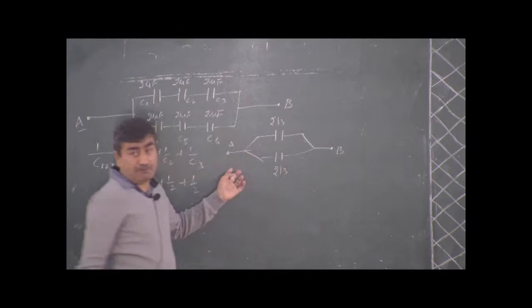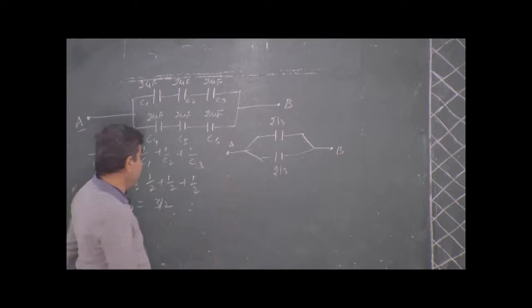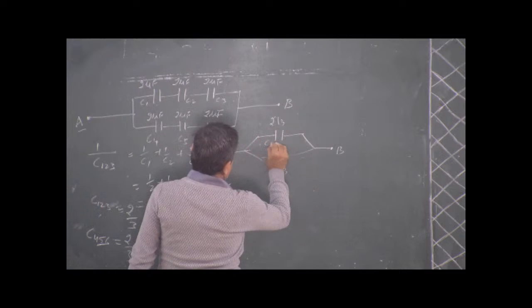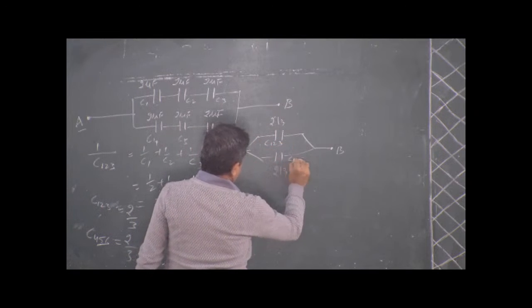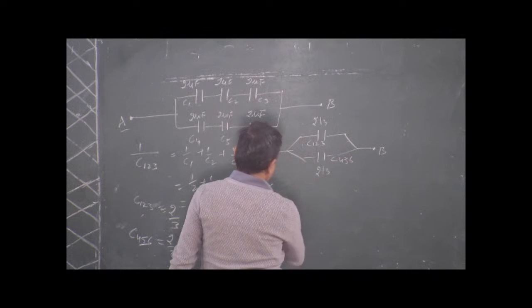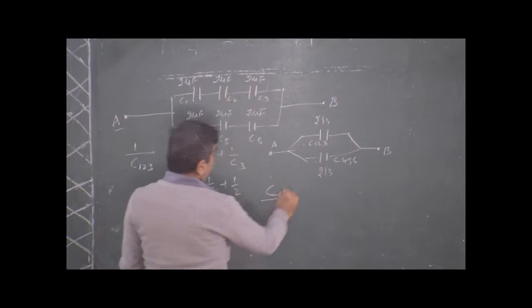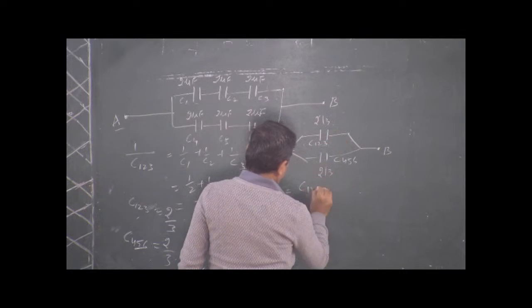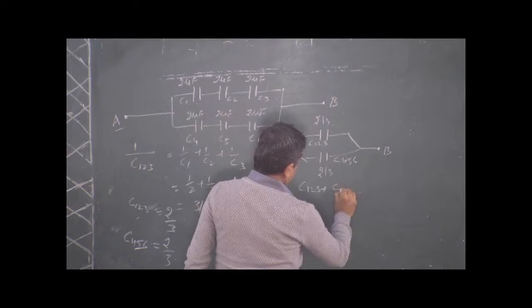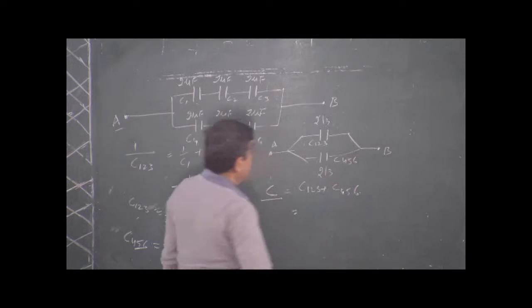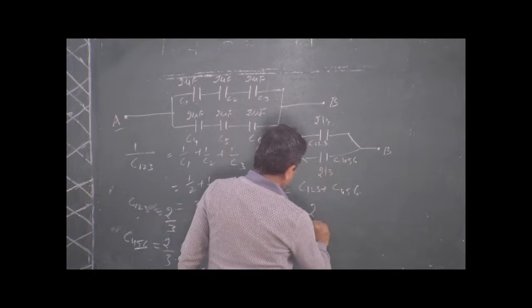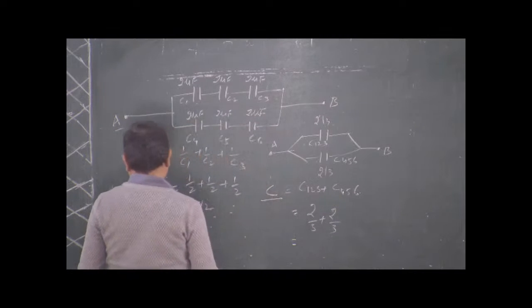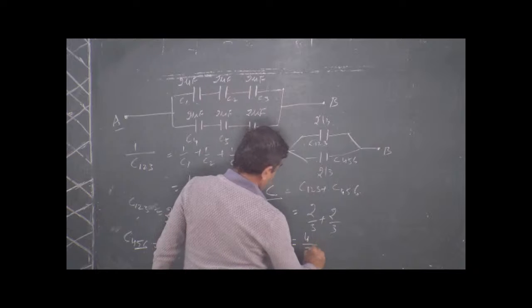Now this is a parallel combination of capacitors. तो पैरेलल में क्या होता है, अब ये क्या था आपका C123 और ये था आपका C456. तो टोटल कैपेसिटी ऑफ कॉम्बिनेशन, if it is C, then it will be equal to, पैरेलल कॉम्बिनेशन में क्या होता है, C123 प्लस C456, so it will be equal to 2/3 plus 2/3. कितना हो गया, 4/3.